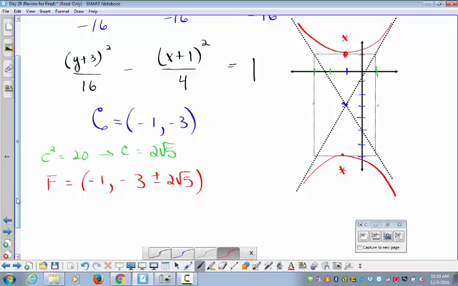And then the equations for our asymptotes. We look at our parenthetical expressions here. So we'll have y plus 3 equals plus or minus some slope factor in there times x plus 1. To find the slope factor, we need rise over run.